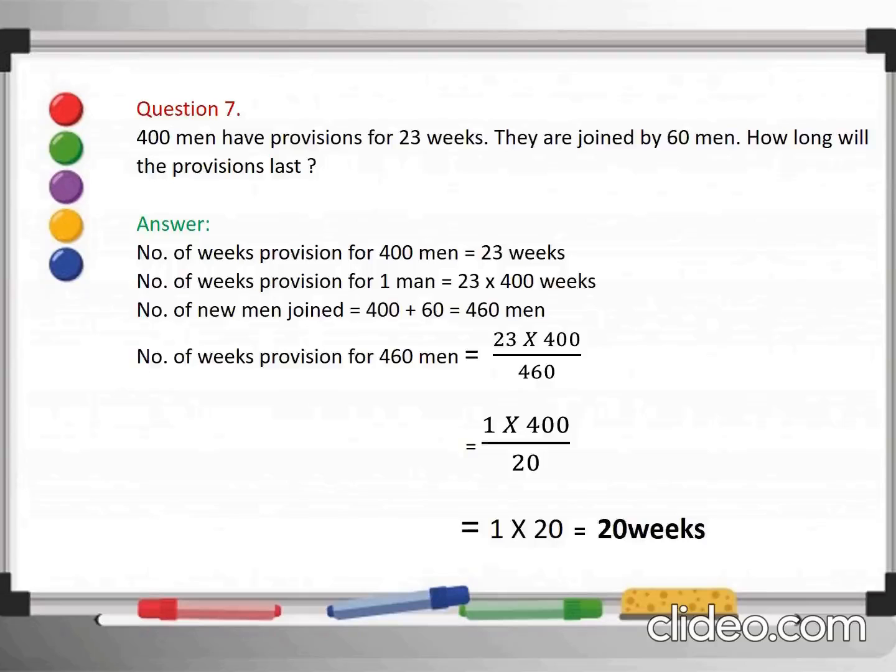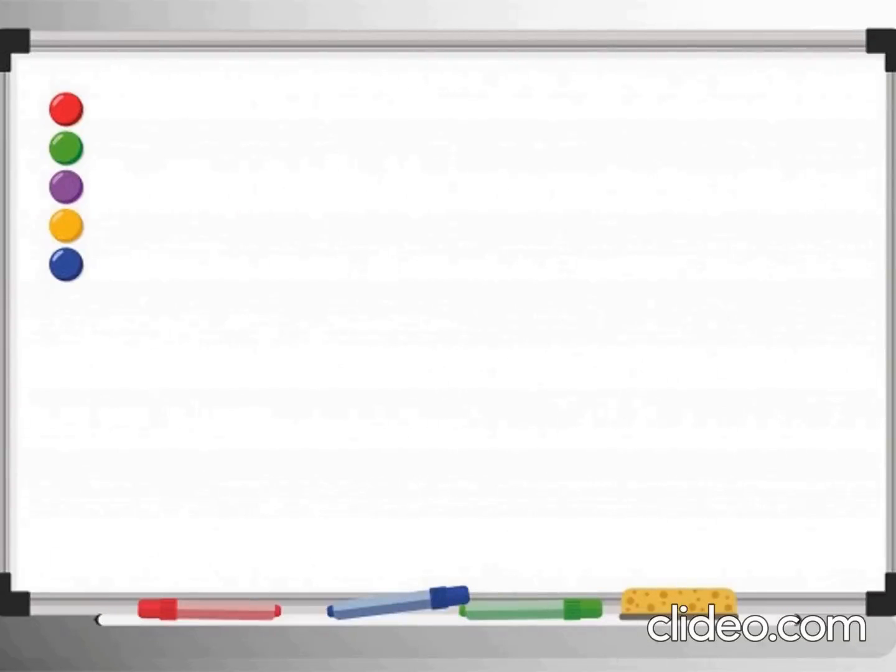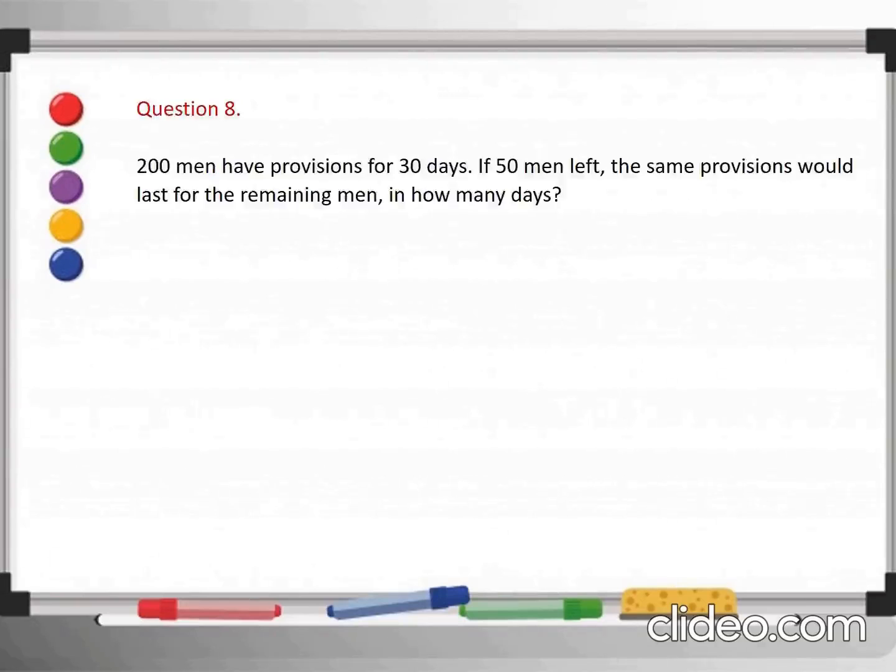Now question number 8. 200 men have provisions for 30 days. If 50 men left, the same provision would last for the remaining men in how many days? Number of days provision for 200 men equals 30 days.